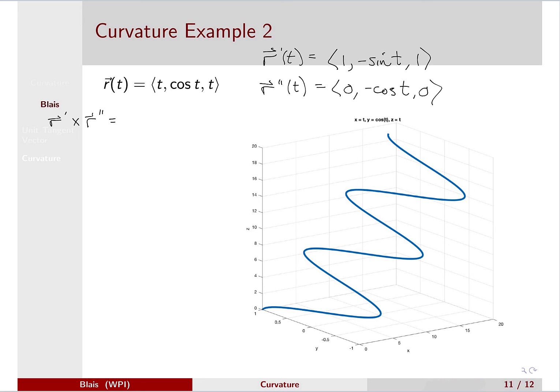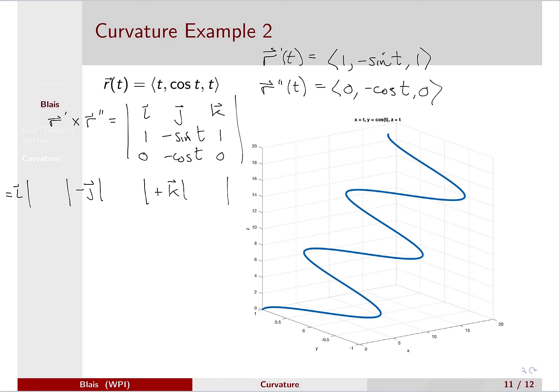We set up our 3 by 3 determinant, i, j, k. For the second row, we put the entries from r prime, 1 minus sine of t, 1. And for r double prime, we put 0 minus cosine of t, 0. And we work out this cross product. So we have i times a 2 by 2 minus j times a 2 by 2 plus k times a 2 by 2.